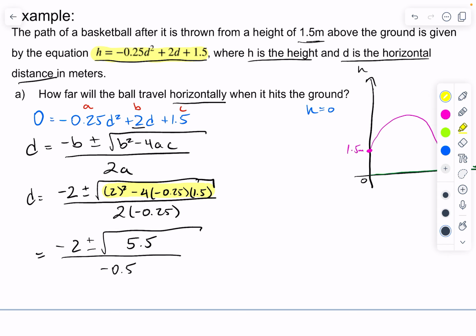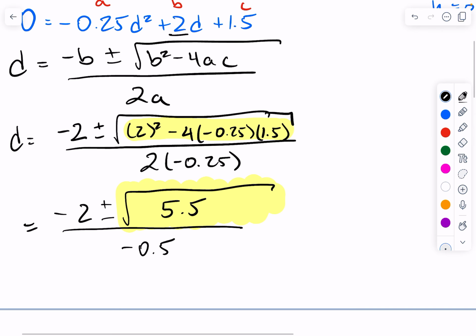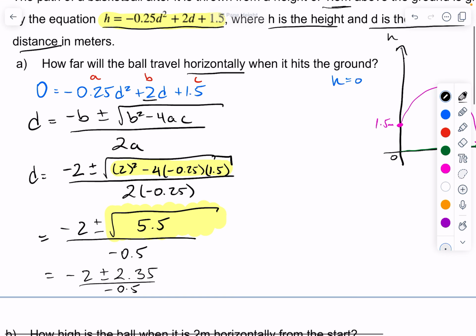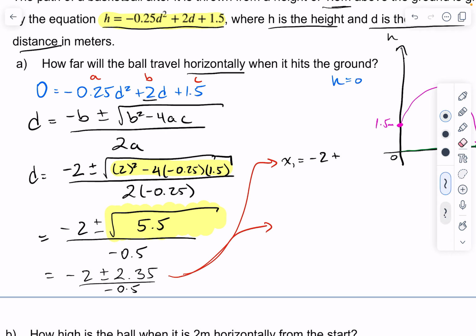Okay, now our next job can be to actually calculate the square root. So that's negative 2 plus or minus, root 5.5 is 2.35 divided by negative 0.5. Okay, and then what we're going to do, same thing that we always do at this point, is we're going to split our answer. And so we get one answer that's, sorry, that shouldn't be x1, it should be d1, negative 2 plus 2.35 over negative 0.5.